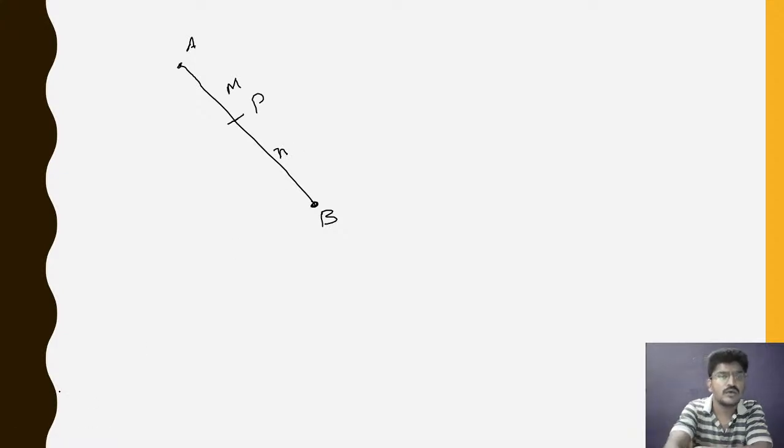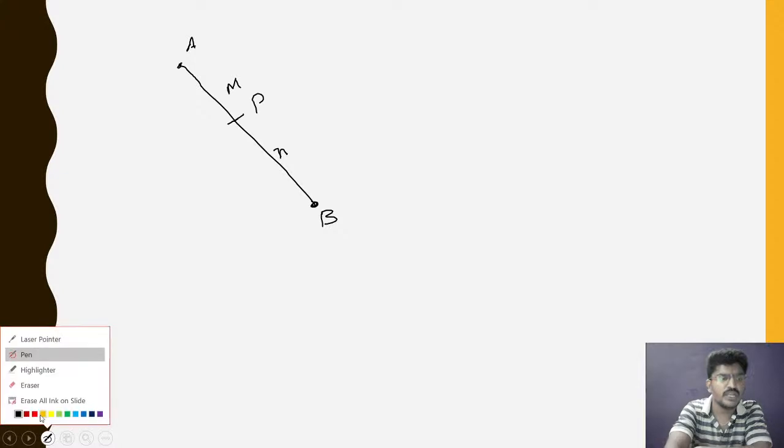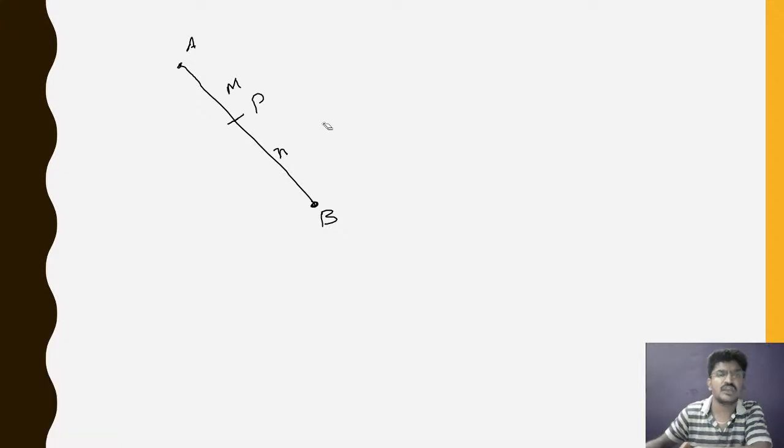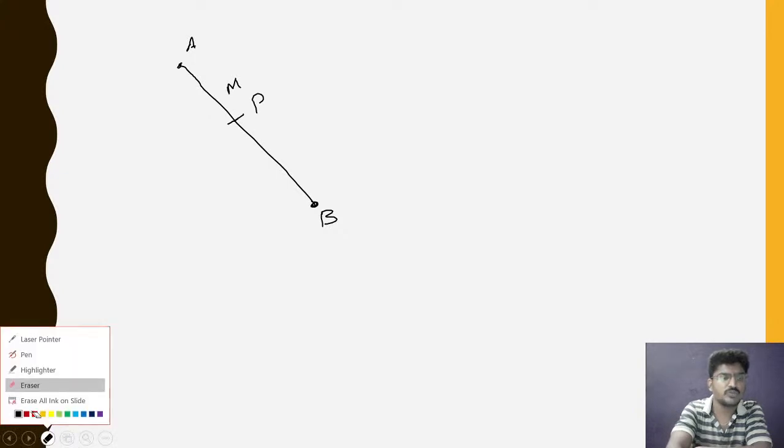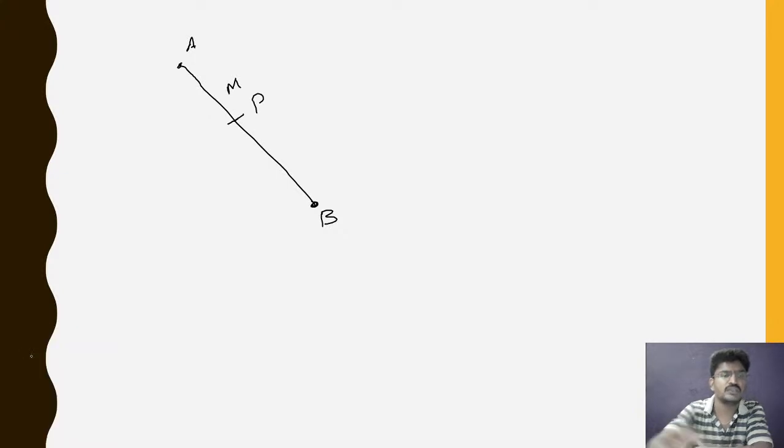If the point P divides the line in the ratio m is to n, then they are asking for the position vector of point P.